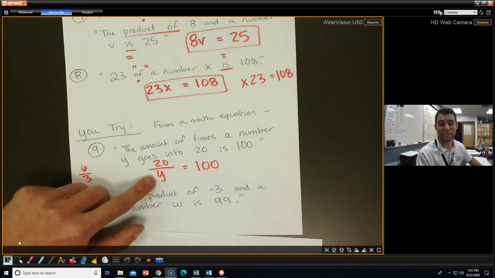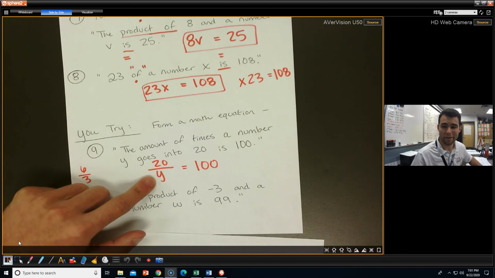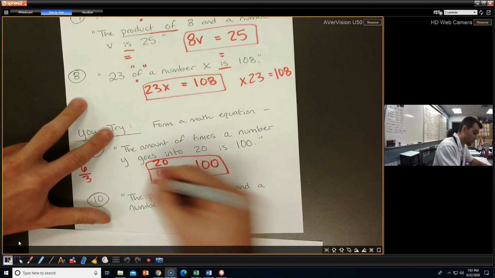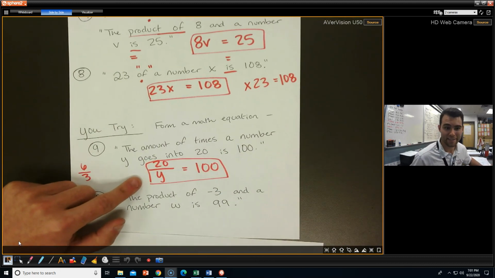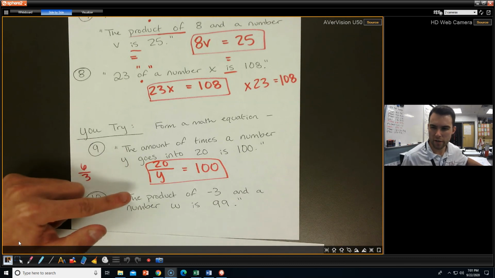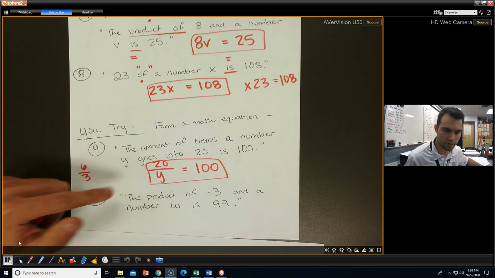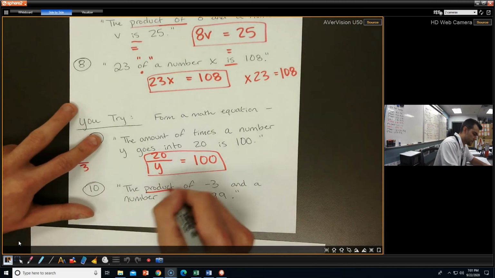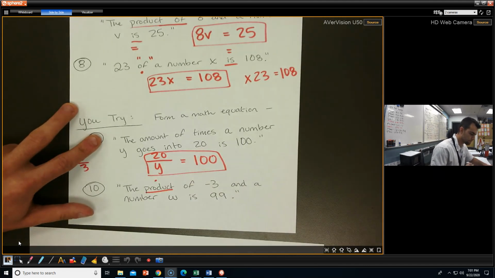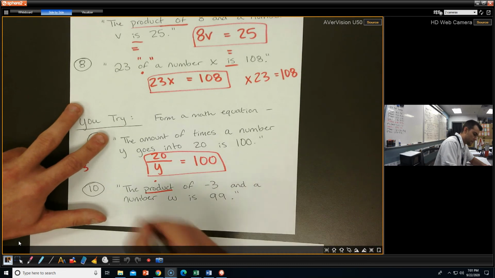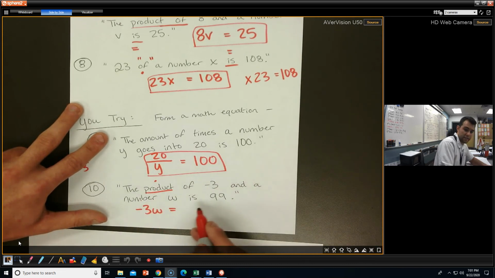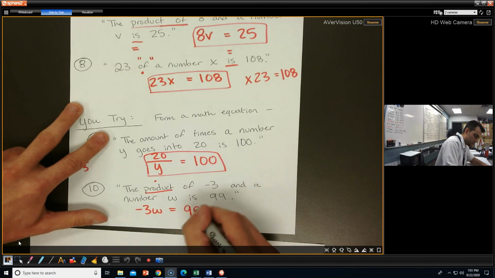Our y is actually on the bottom this time. And don't worry, we don't need to solve this one. We're actually not there yet. This is different than y over 20. 20 over y is a little harder to solve. Okay? Let's look at number 10 though. The product, I'm multiplying, of negative 3 and a number w. Negative 3 times w equals, because is, 99.